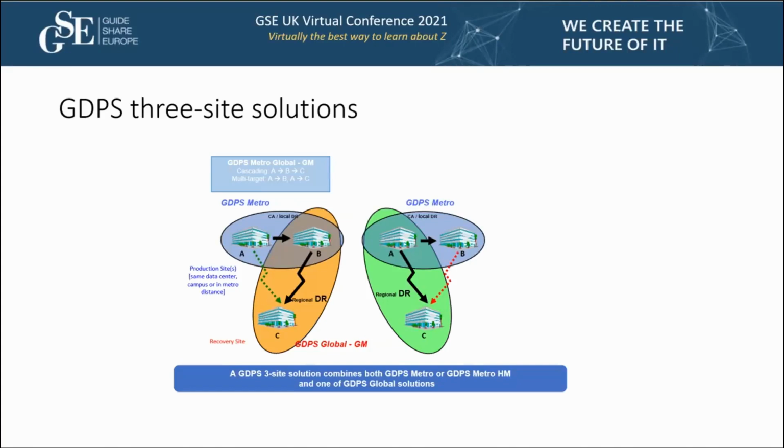So if we look at this picture, on the left-hand side, we can see that we have a production region with two sites, A and B. Data of site A is synchronously replicated to site B, and we have hyperswap capability between these two sites.